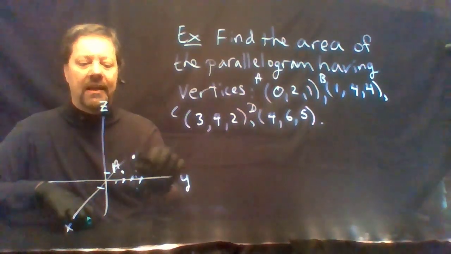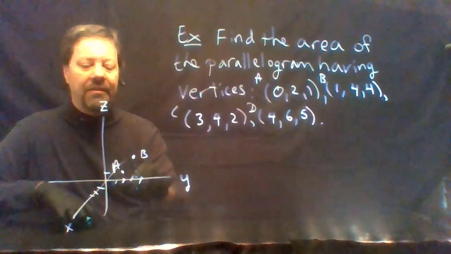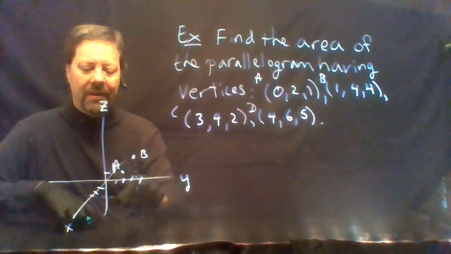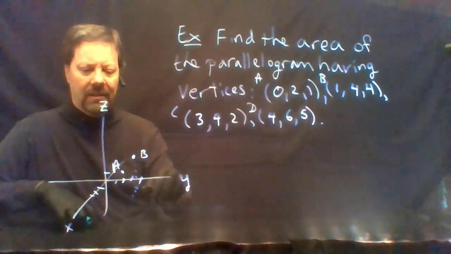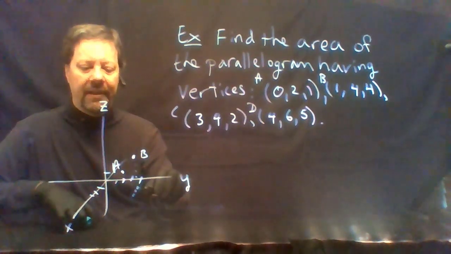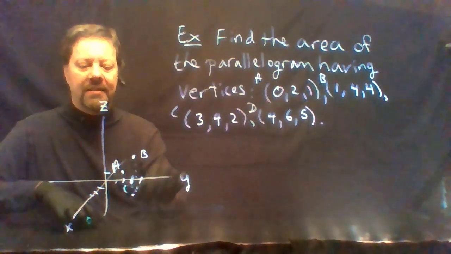If this is A, this is B. Then we have 3 units along the x, 4 units along the y. 1, 2, 3, yeah. And then 2 units in the direction of z, that's the point C.